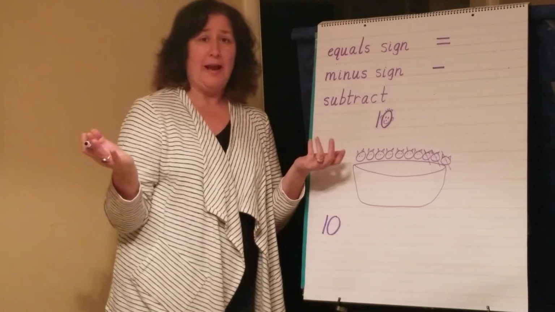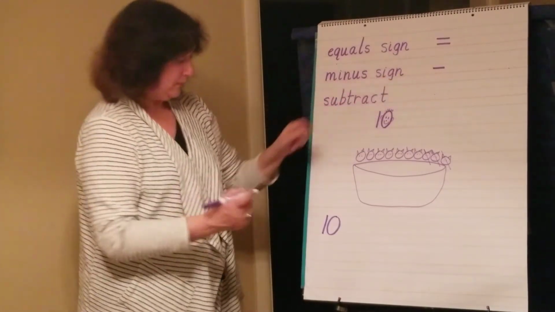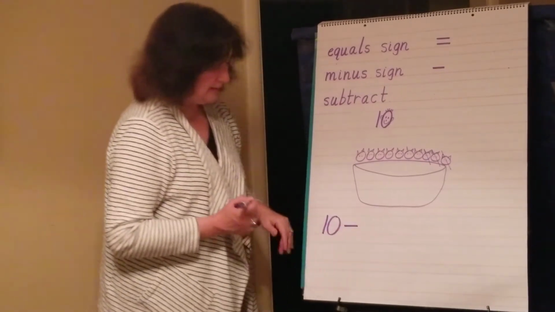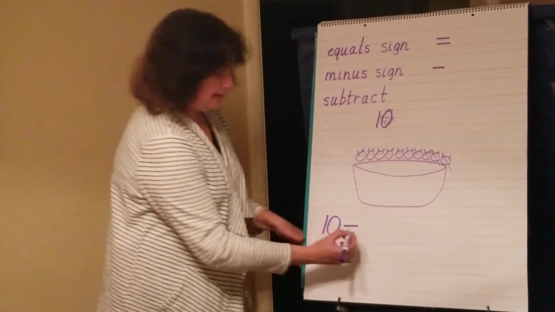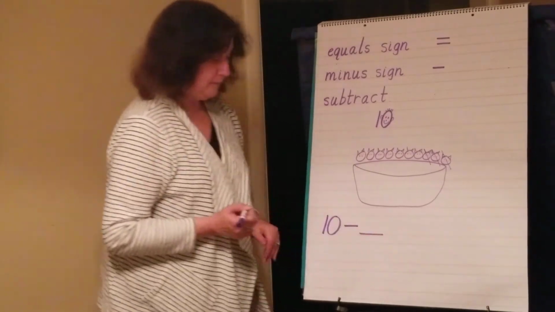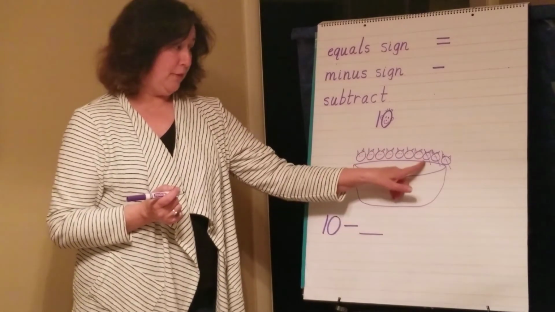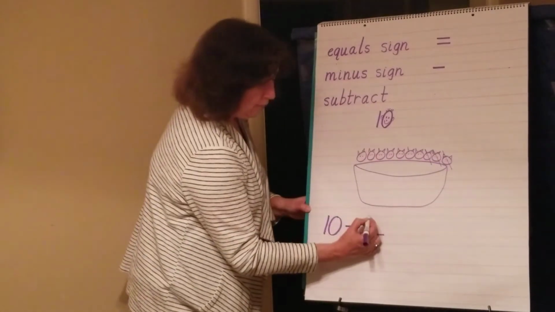We took away, right? So I'm going to use the minus sign to show that we're taking away some kittens. We started with 10. We're going to take away some number. How many did we take away? 3. 1, 2, 3. So we're going to take away 3.